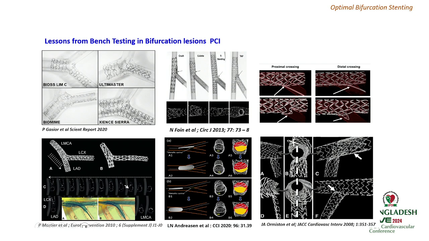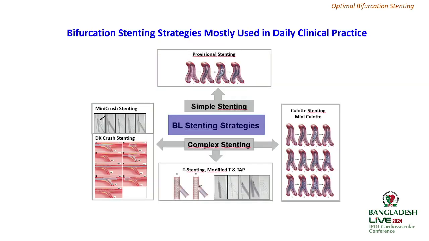We have learned a lot of lessons coming from bench testing, how to do optimally bifurcation stenting, particularly when you are using two stents. And these are the strategies we are using in clinical practice.